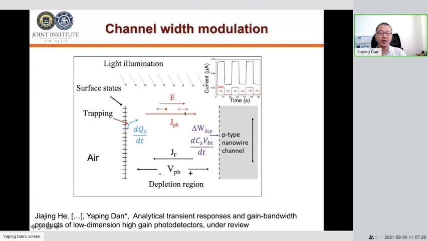Light illumination will create a reverse photocurrent, and that reverse photocurrent causes the excess carriers to accumulate in this region. That will create a forward photovoltage inside the depletion region, which will narrow down the depletion region and create a forward photocurrent. And if there are surface states, then the surface states will trap or detrap the photo-excess carriers under on-off light illumination.